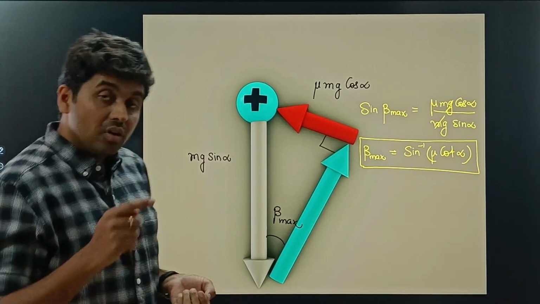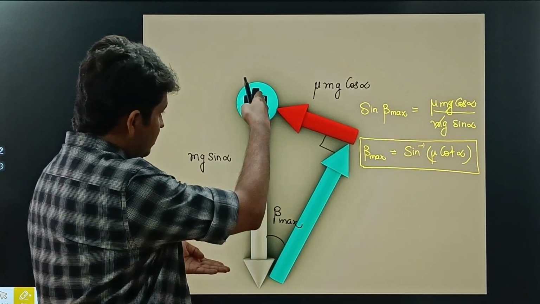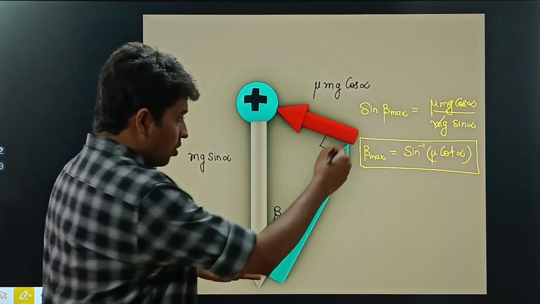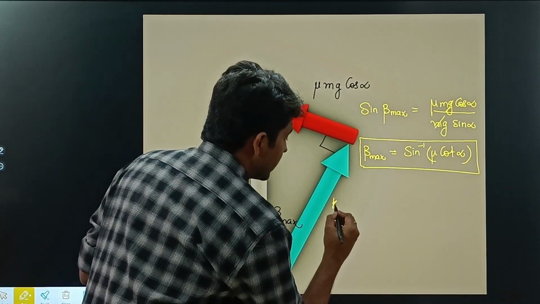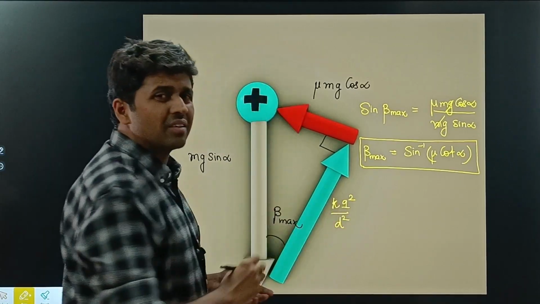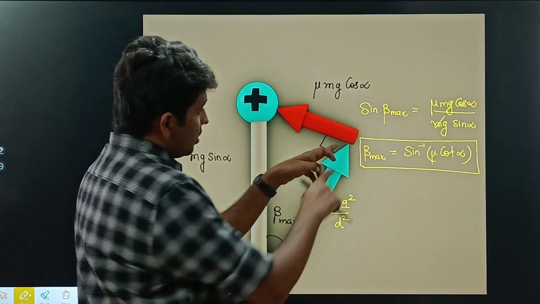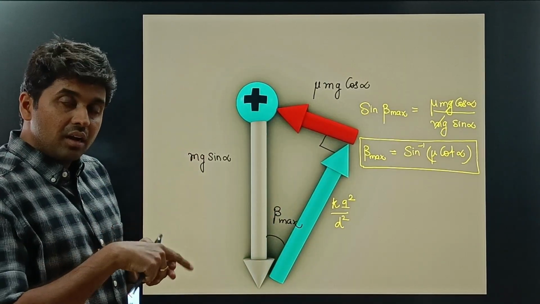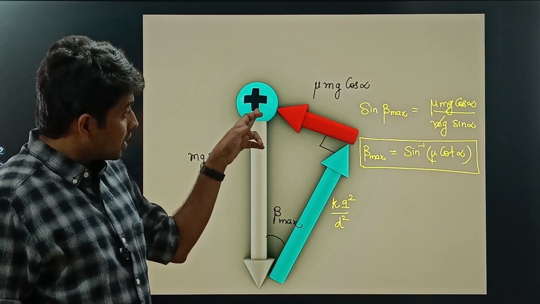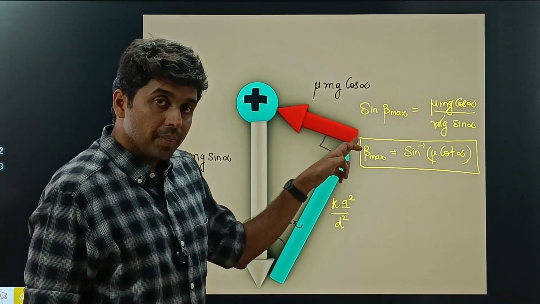Okay, so this is the value of the maximum angle which you can move this charge from the fixed charge. Okay, we also asked another question: what is the distance between this charge and the other charge at this instant? Okay, so what is the force? Tell me. If the distance is d, this will be k q square by d square. Suppose both have same charge. Okay, now see, we said that for a given angle there are a range of values for which this will be at rest. Okay, now we are saying that this vector is friction maximum.